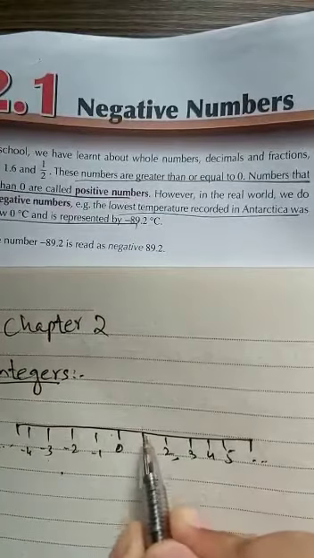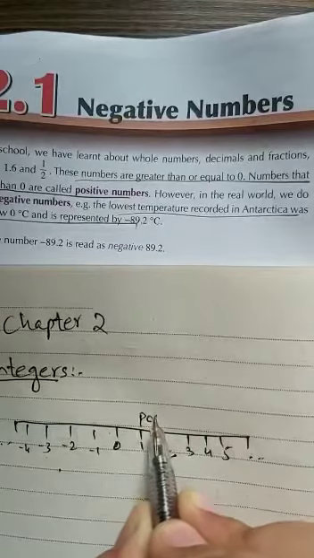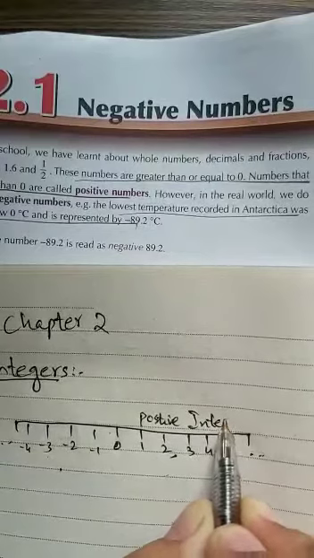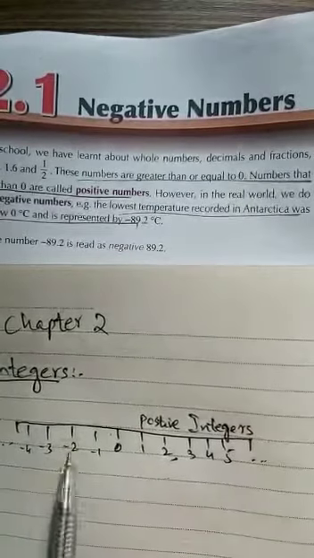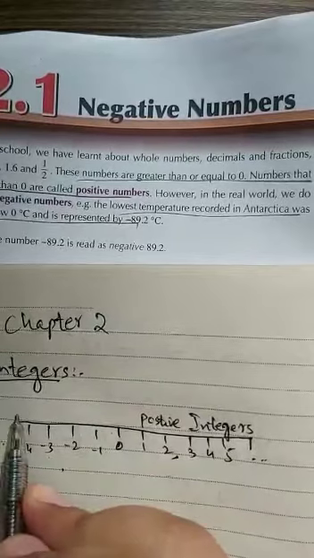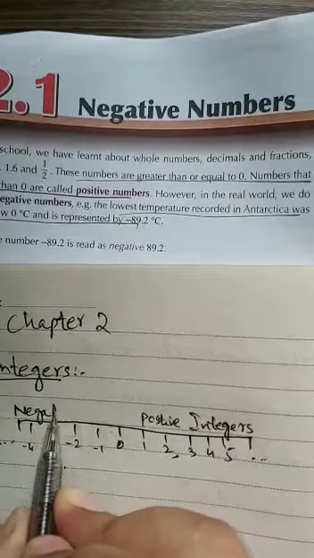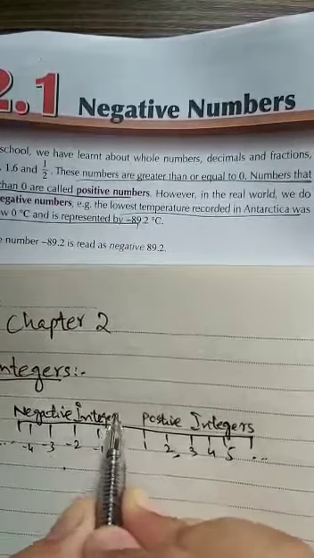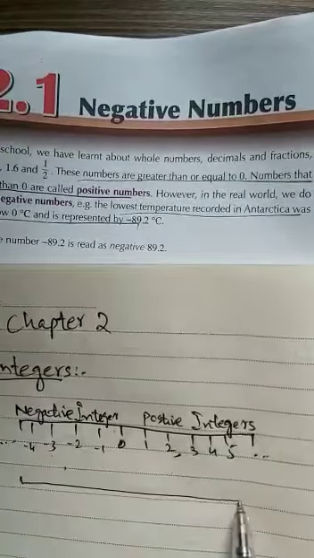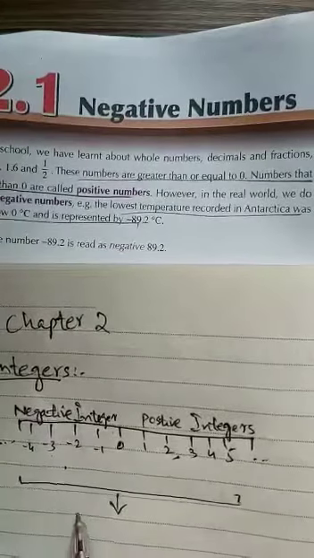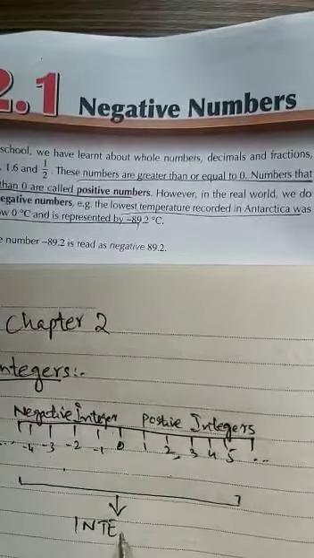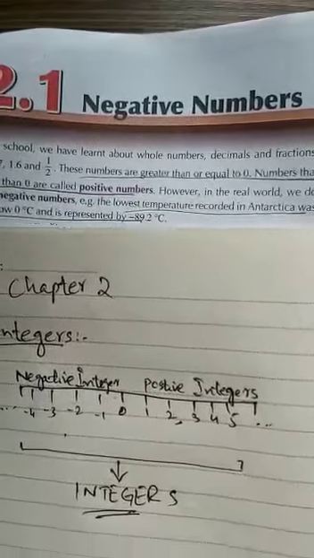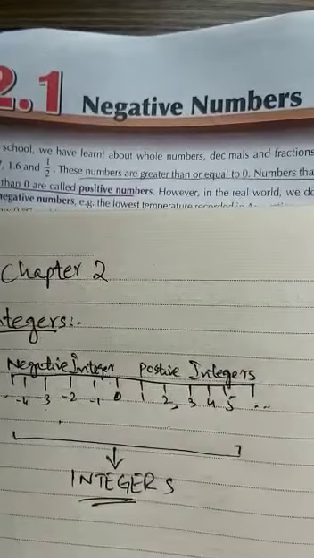This category where the integers have the positive sign, we call positive integers. And here where the signs are negative, we mark them as negative integers. When we combine them, we call them integers. So how could you define integers? Integers are the numbers having a positive sign and a negative sign.